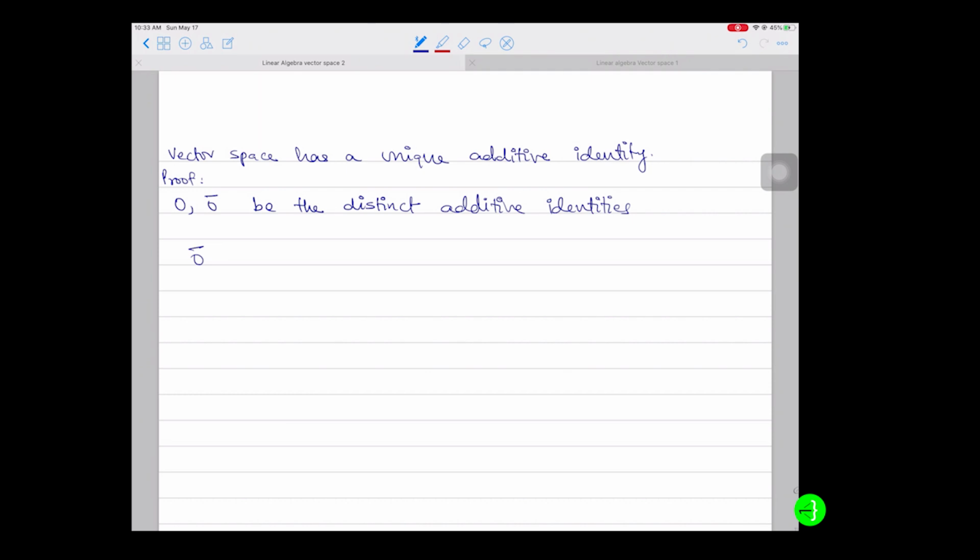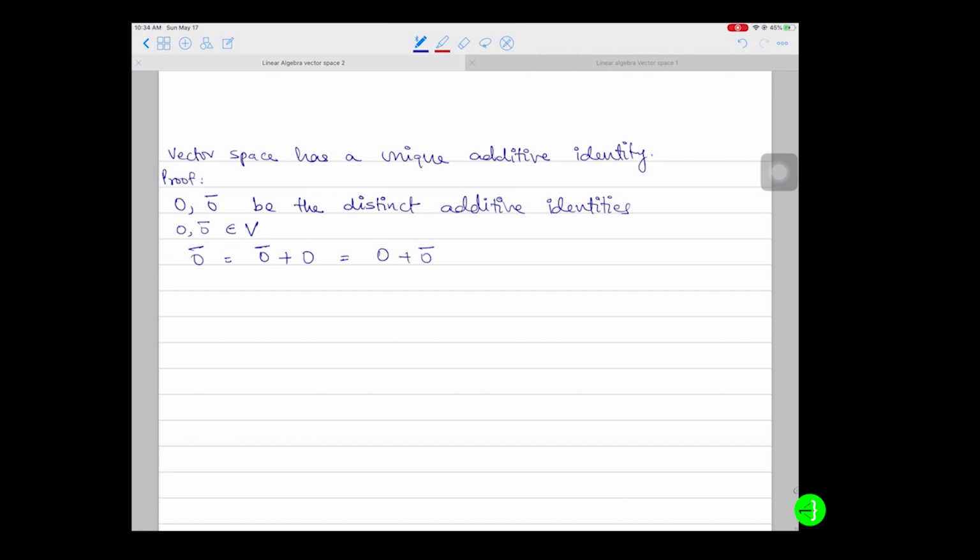So we can write this 0 bar as 0 bar plus 0. So we know that 0 and 0 bar both are an element of the vector space. So this 0 bar is being treated as an element right now, and the 0 we are just adding it over there, and this thing is same as 0 plus 0 bar.